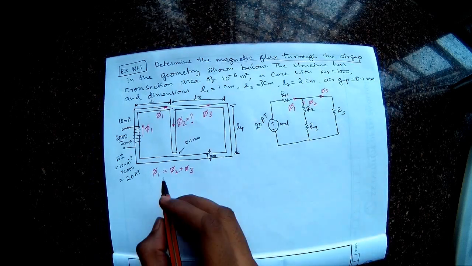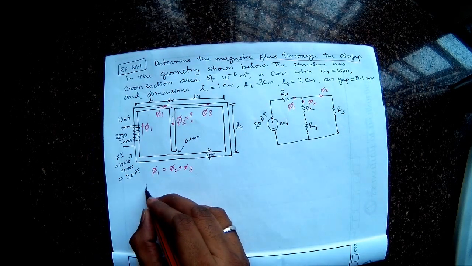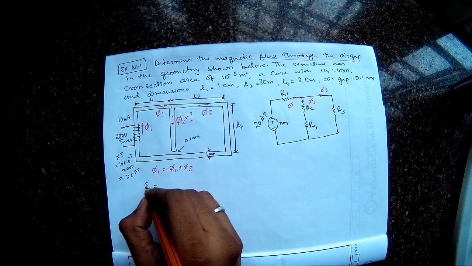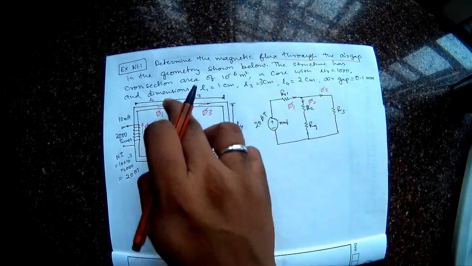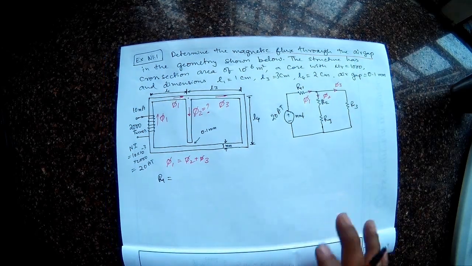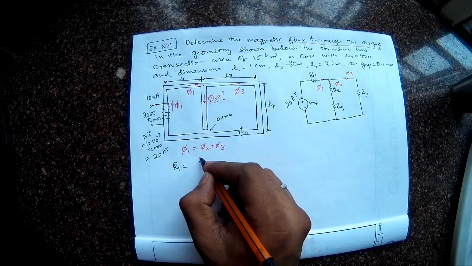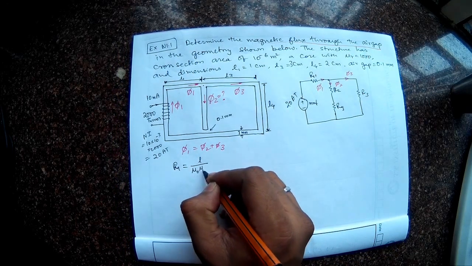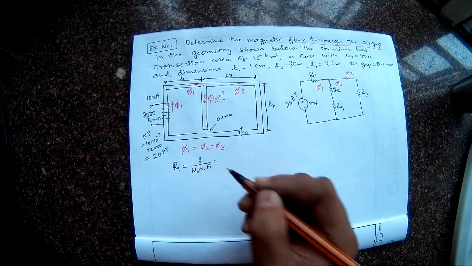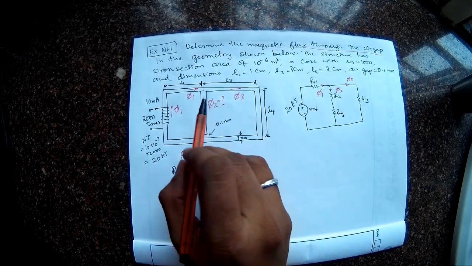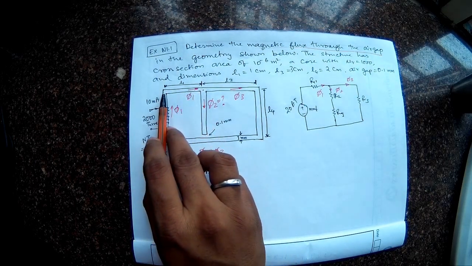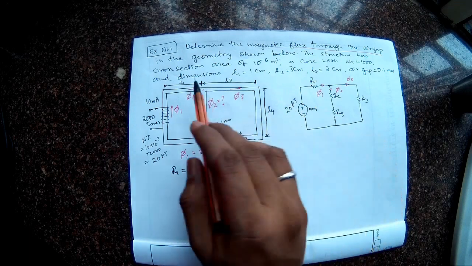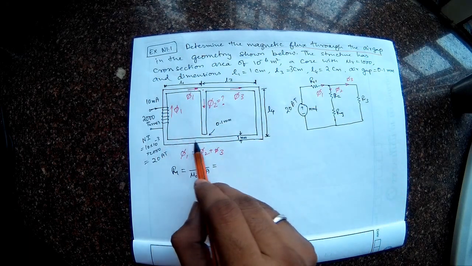Now let's begin by calculating the reluctances. What is R1, the reluctance of the first path? You know the formula for reluctance is L by mu naught mu r into A. The length here: you see L1, then this total height is L4, so L1 plus L4 plus L1.